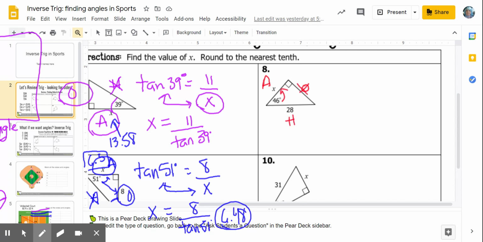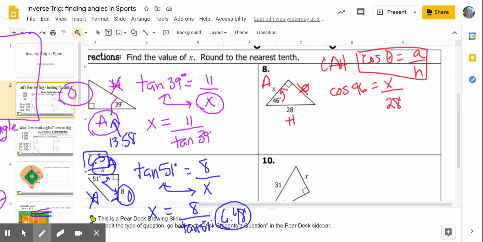So I'm not going to use the O. So I'm going to use cosine. Cosine of 46 equals the A first over the H. So cosine of my angle equals A over H. And you just have to memorize those 3 functions, right?